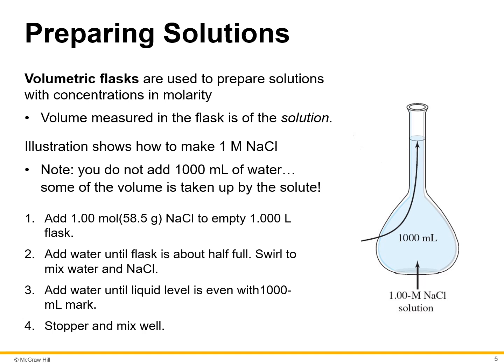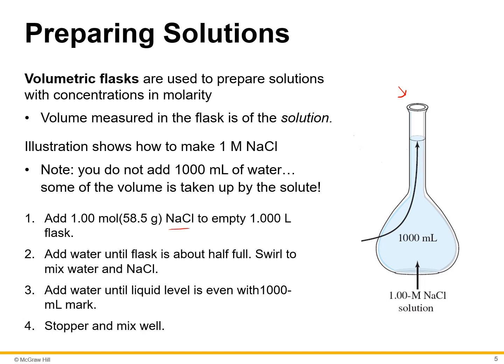In the lab, if you want to prepare a solution with specific concentration, one way to do it is to use a volumetric flask here on the right side. And you simply add the mass of interest. So let's say we wanted to add 58.5 grams of NaCl. You put that in your flask.